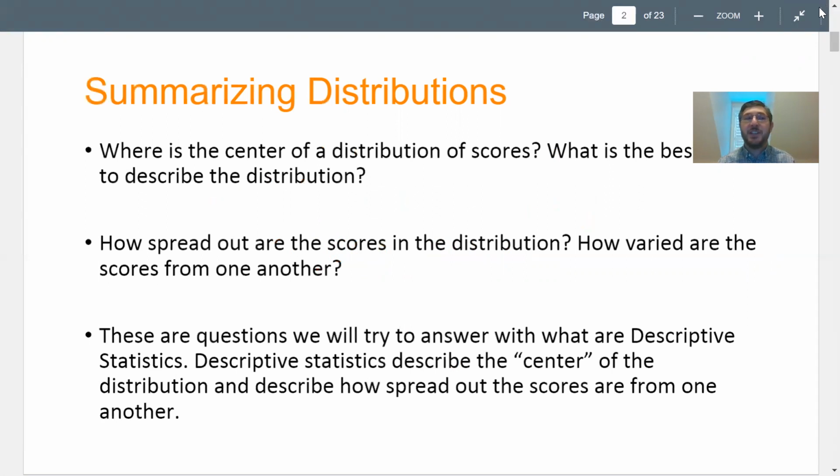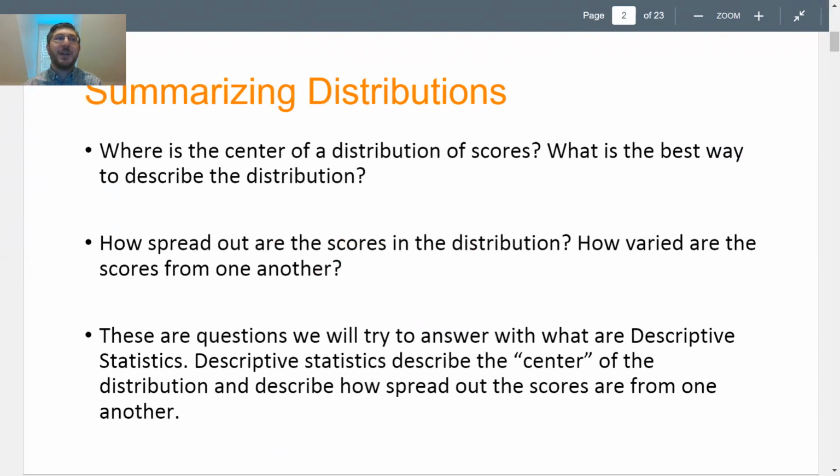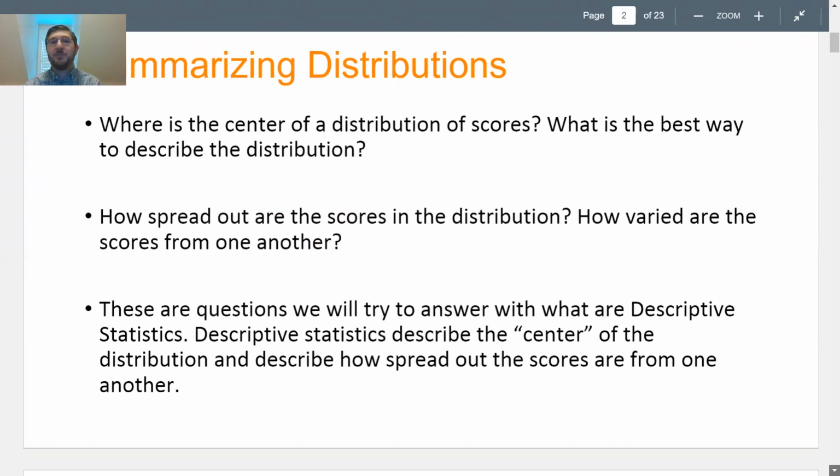What is the center of the distribution? What score is the best way to describe our distribution? But also, measures of variability tell us how spread out our scores are from one another. And that's what we're going to learn about here.